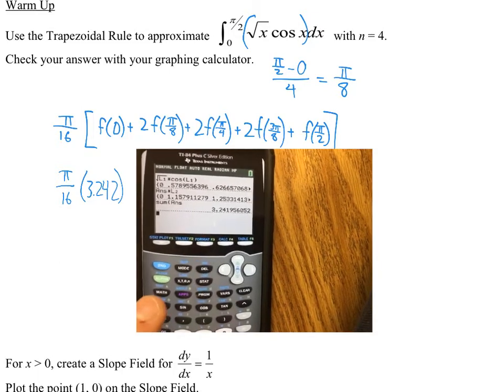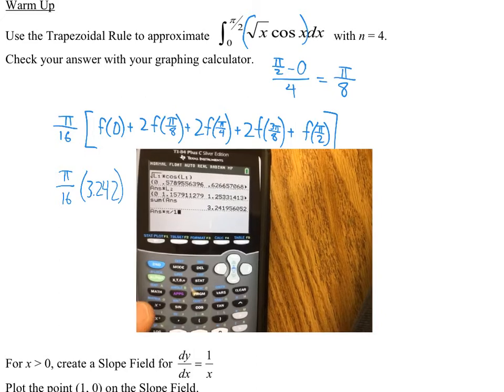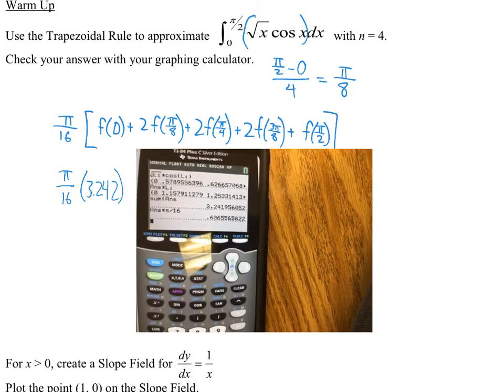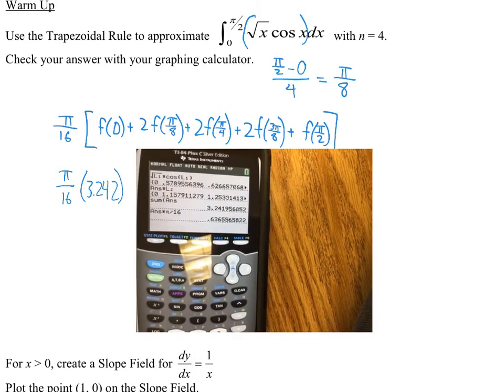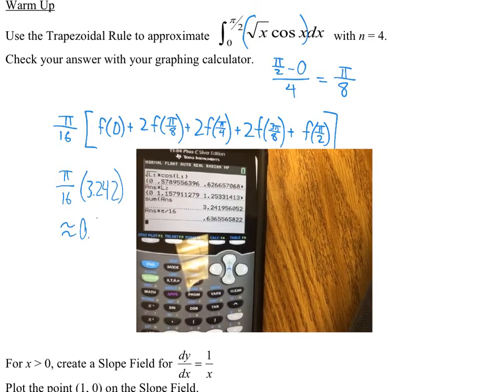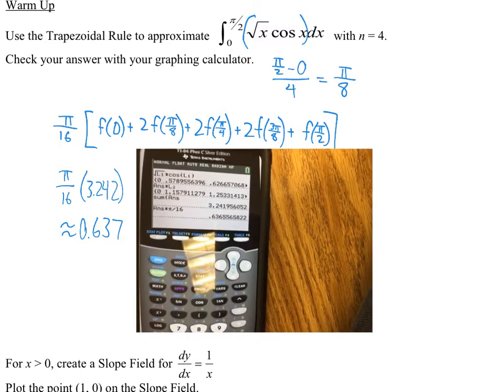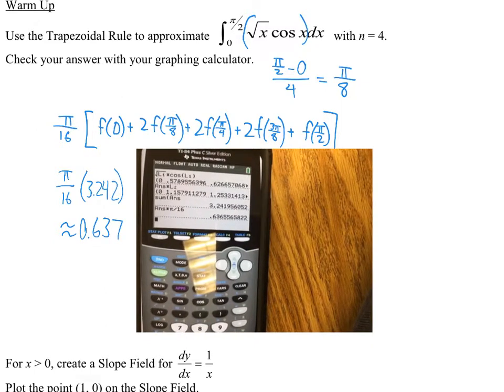Now I multiply that by pi divided by 16, and I get, rounded to 3 decimals as always, 0.637. Okay, so that is our approximation with the trapezoid rule up to 4 trapezoids.